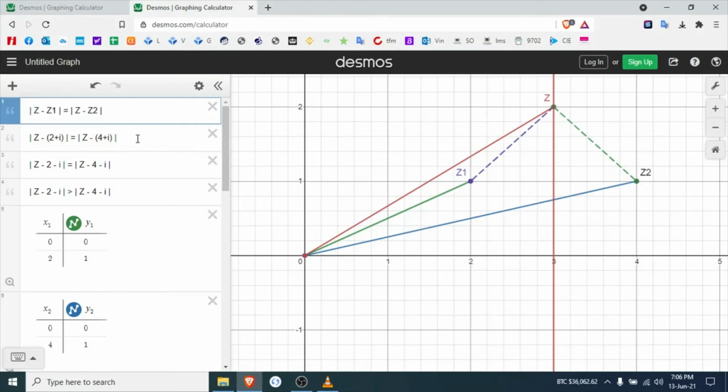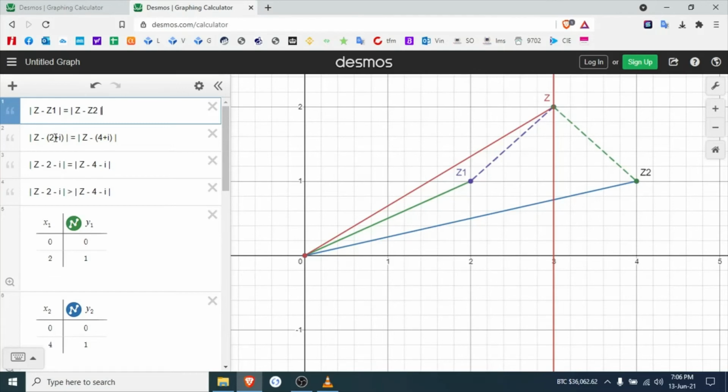Now, let's see what this might look like in a question. Instead of putting z1, let's swap z1. As a complex number, z1 is 2 plus 1i. The real part is 2, the imaginary part is 1i, or just i. So that's 2 plus i, and I've put that there instead of z1.